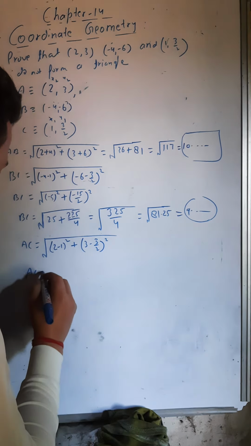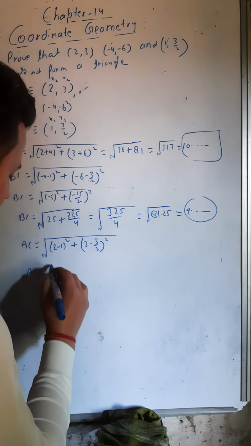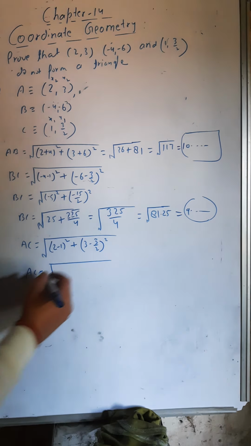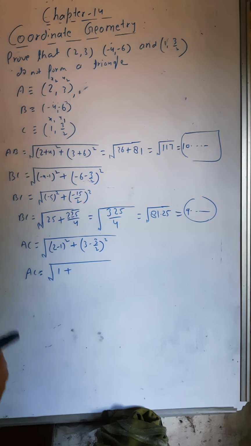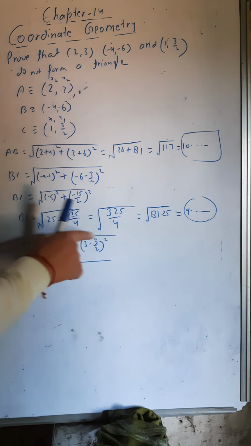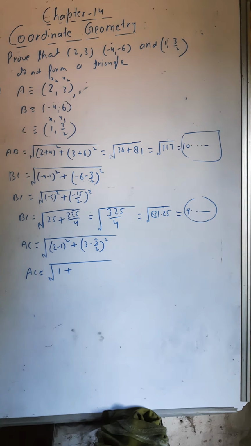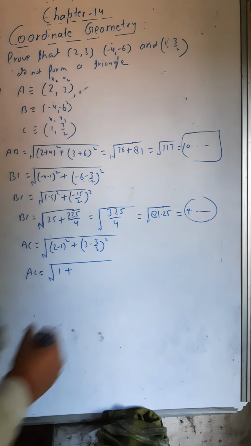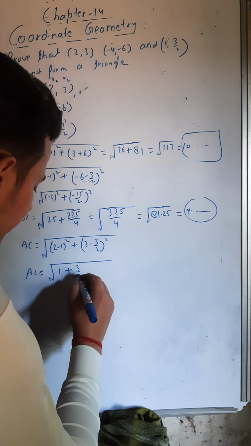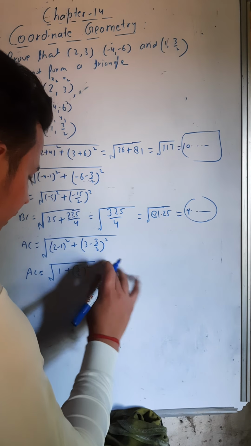So AC equals the square root of 2 minus 1 is 1, the square of 1 is 1, plus 3 times 2 is 6, 6 minus 3 will be how much? 6 minus 3 will be 3/2 whole square.